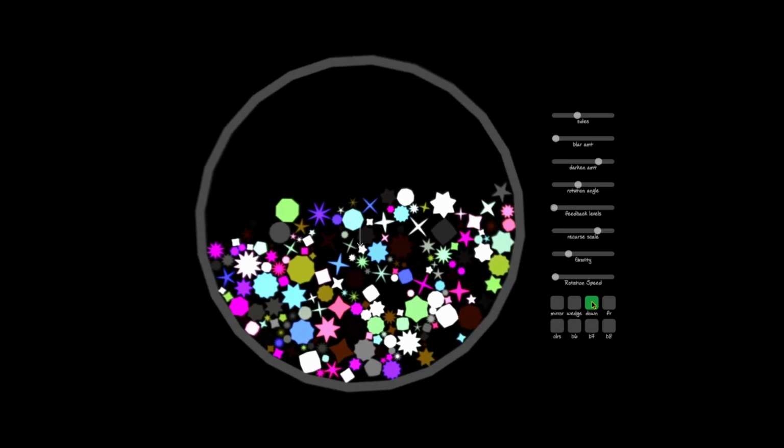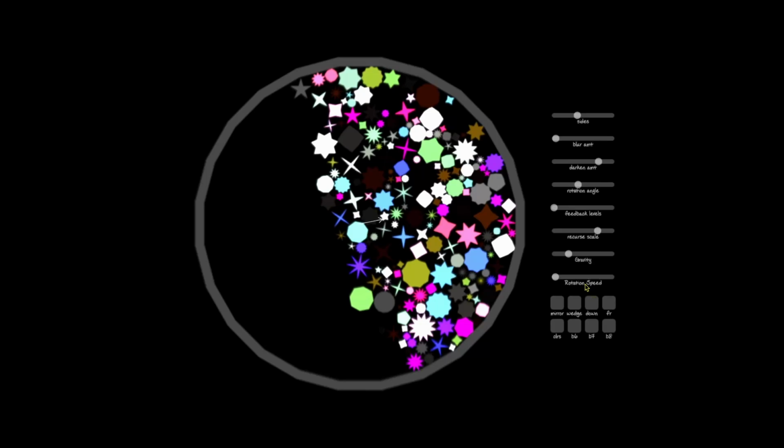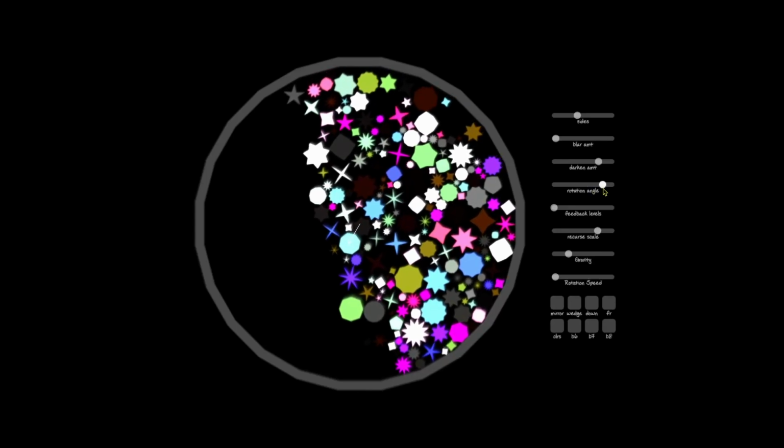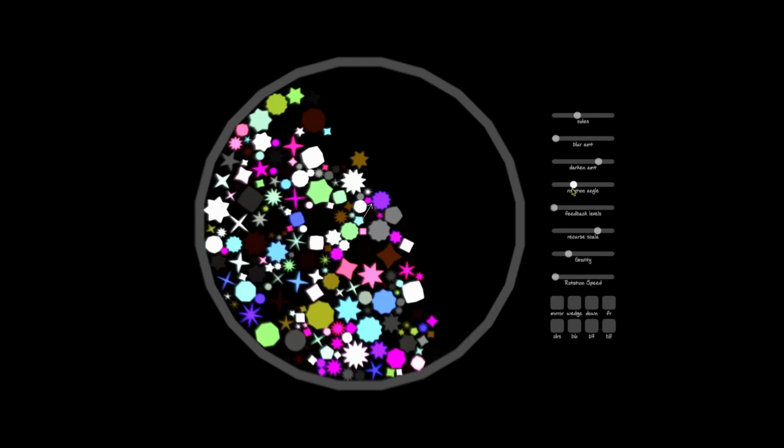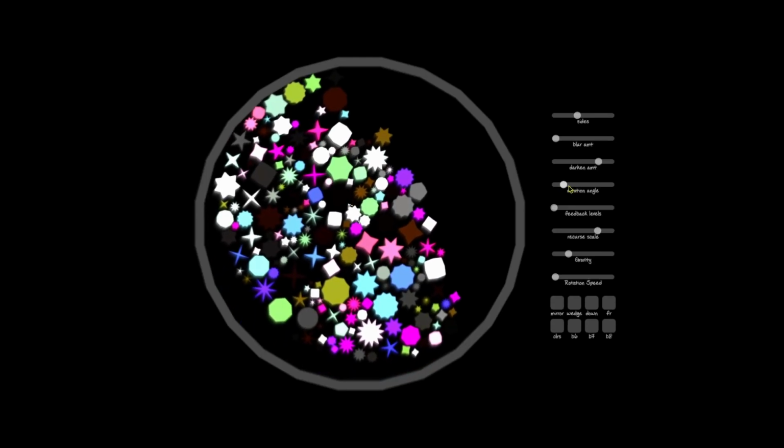If I turn off down, this behaves very similar to the other demo where changing the rotation angle is really just changing the gravity angle. So if I point the gravity in the other direction, the stuff moves around.